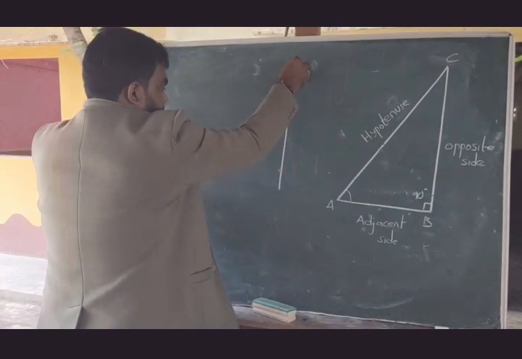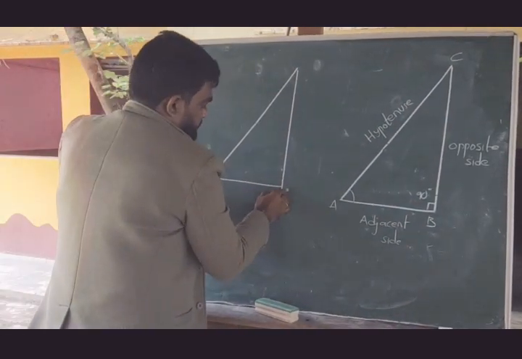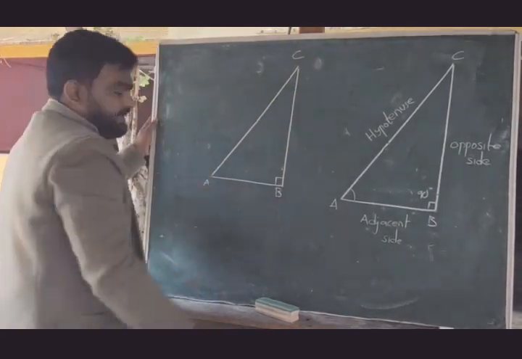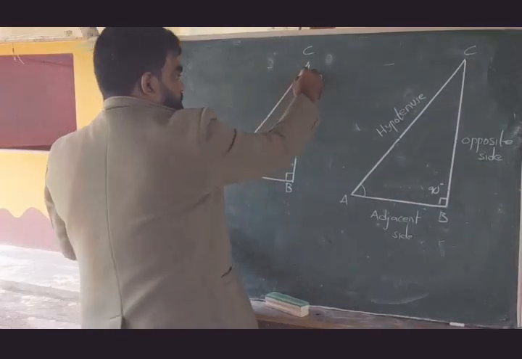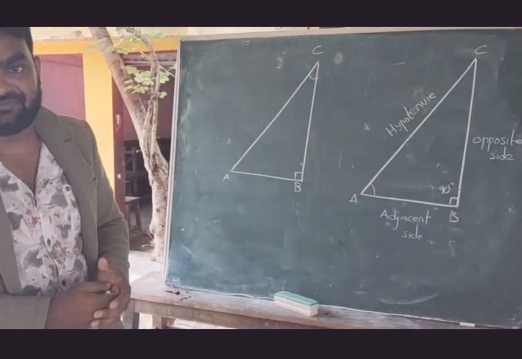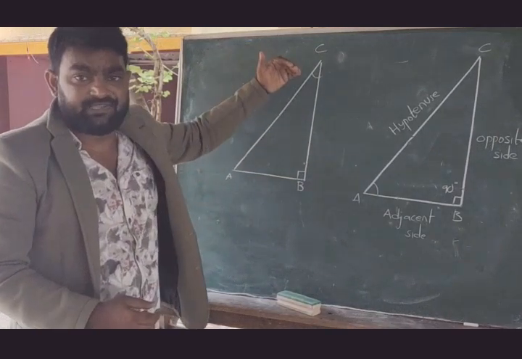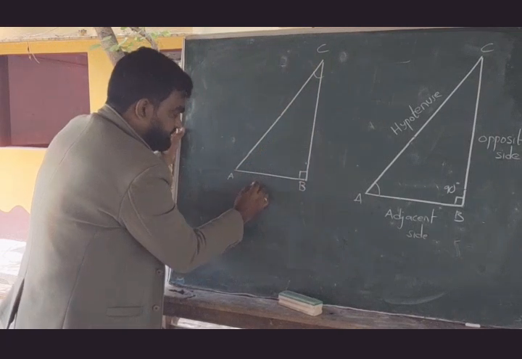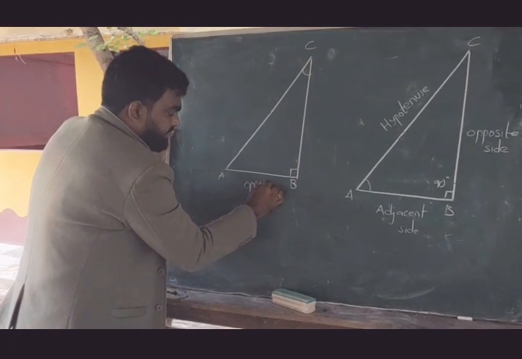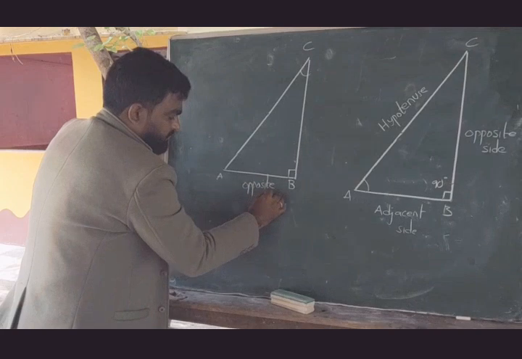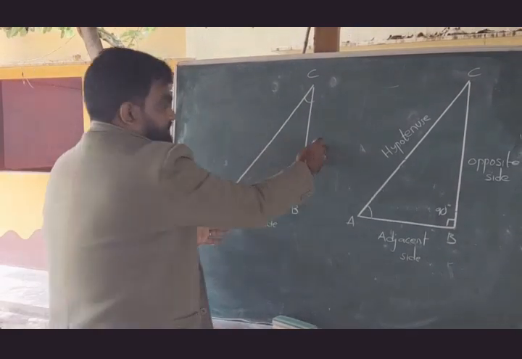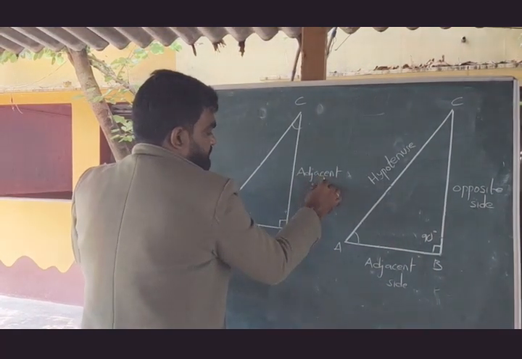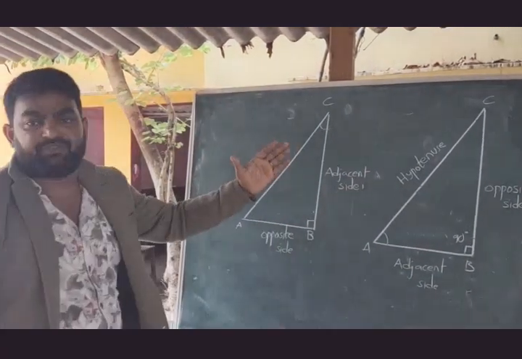Take another triangle. ABC, right angle at B. Now, C is acute. With respect to C, the side which is opposite to C is now the opposite side, and this is the adjacent side, and the hypotenuse remains the same.